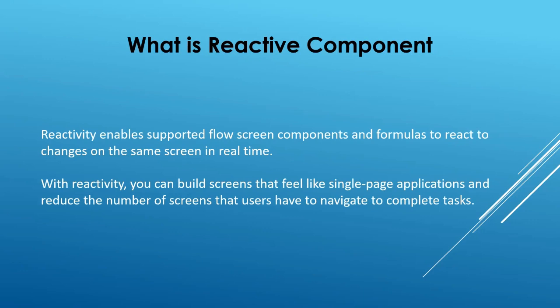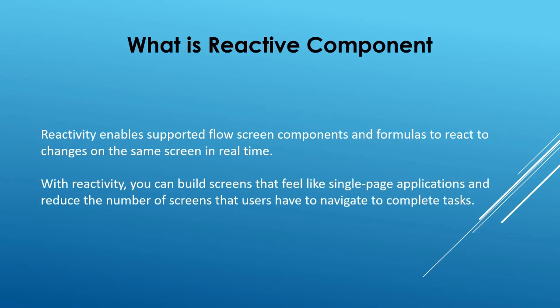So the resulting value will always be displayed in the next screen. But with the help of this reactive component in Salesforce flows, we can build a screen flow that feels like a single page application and reduce the number of screens that users have to navigate to complete any particular task.